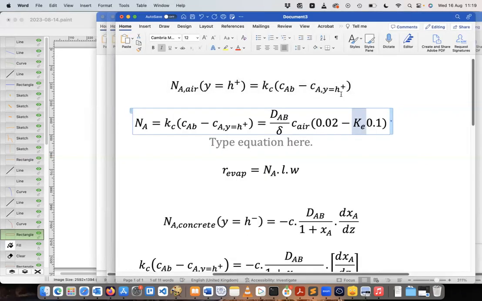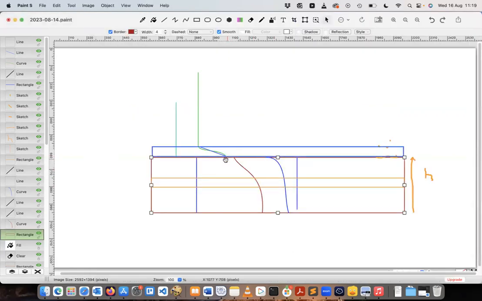So to get the air concentration, what we are saying is the air is going to equilibrate, right? The air just above the surface will equilibrate with the concrete. So the concrete has one concentration here, but the relevant concentration for the film is the air concentration. So we need to multiply by the equilibrium constant and correct it so that we get the air value.